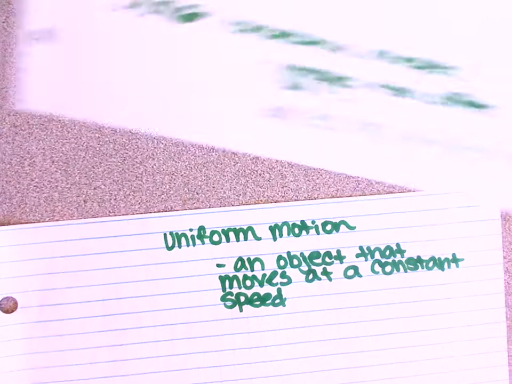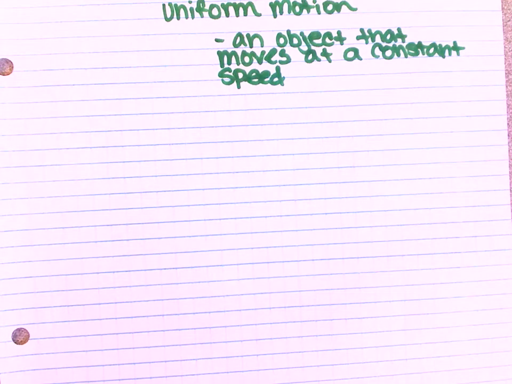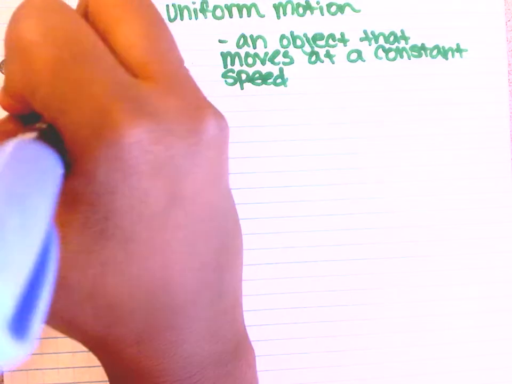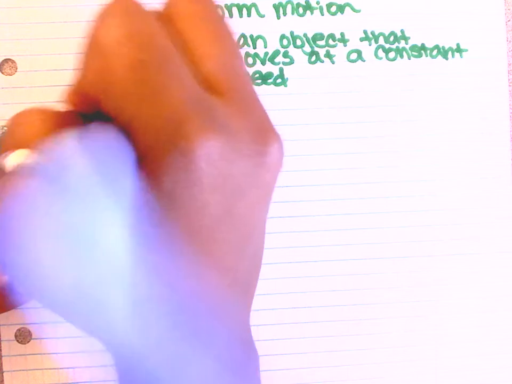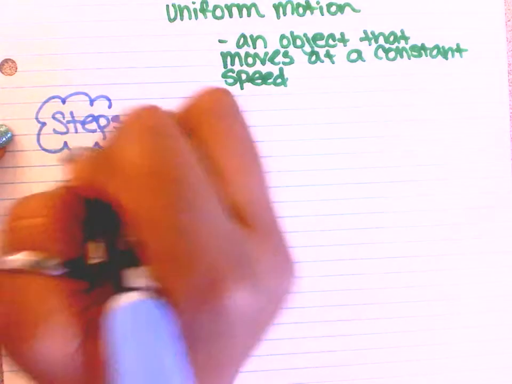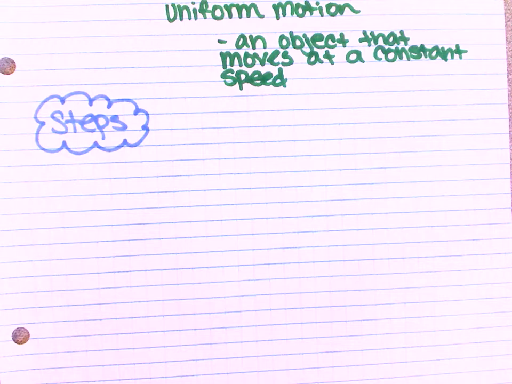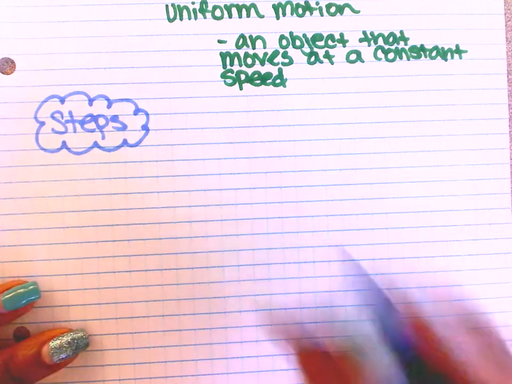So I'm going to move this paper. The steps to solve this problem. So go ahead and write steps. Give it a cloud, give it a highlight, give it an underline. Your input is steps to solve the problem. Modeling is I will show you how to do the problem.